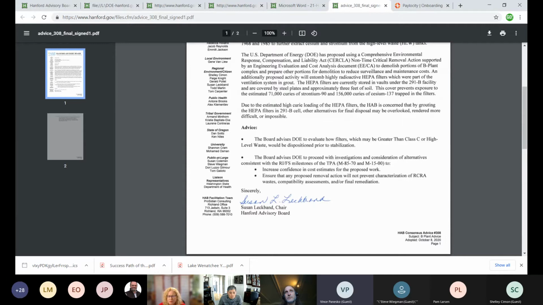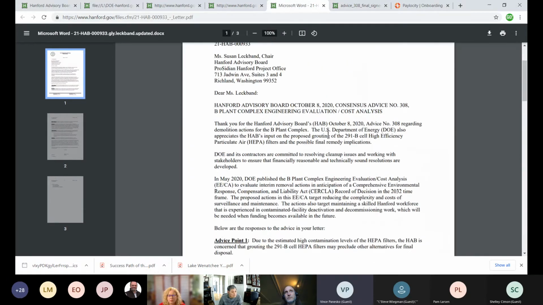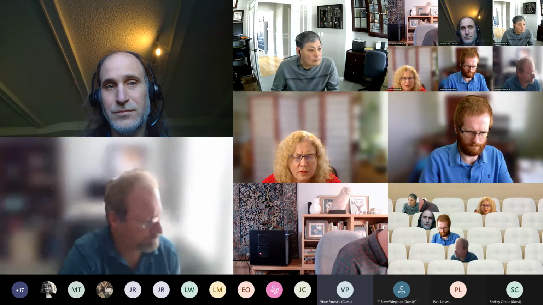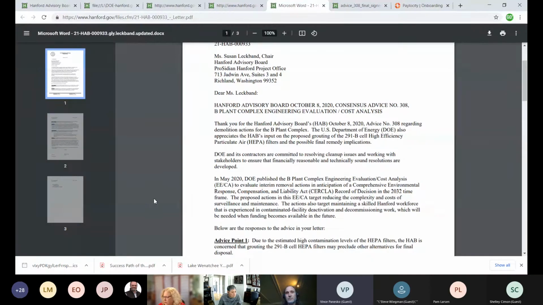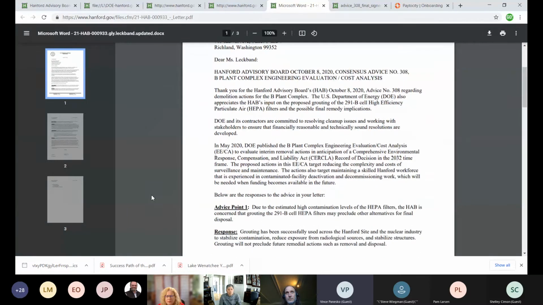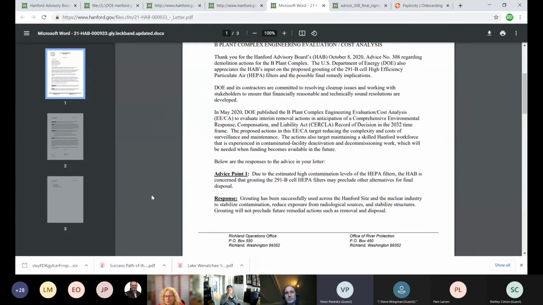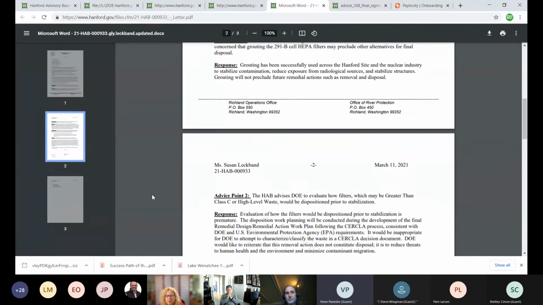If they believe that grouting the filter system is safe, and that's all they did say. They said, oh, it's fine, don't worry. No, wait a minute. That's totally ignoring our point, which was you haven't shown any scientific information that what you're doing will not alter the final remediation.